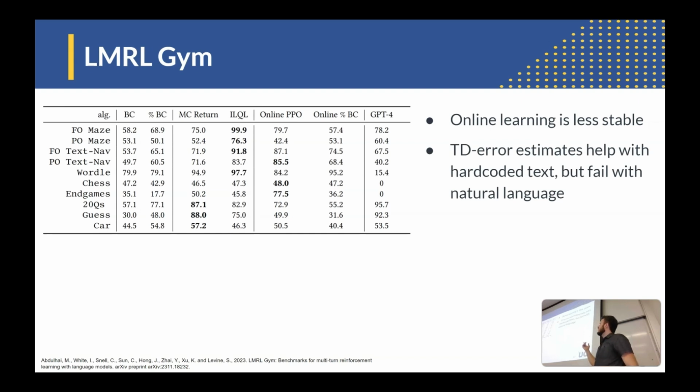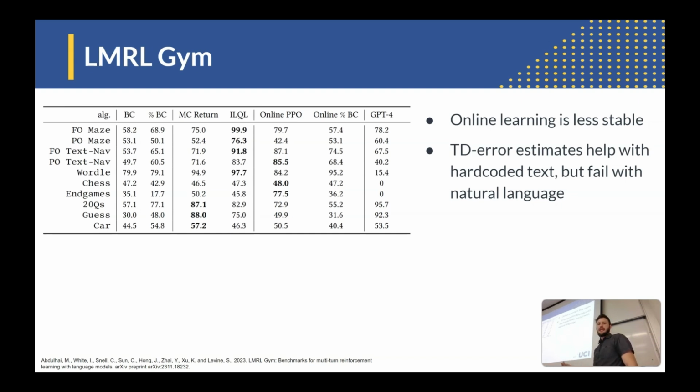Also, if you notice, the TD estimates, which is the ILQL, which you would assume does better because it has lower variance estimates and stuff like that, did better on the hard-coded environments, but actually failed to do better on the more natural language environments. The more natural language environments actually did better with the Monte Carlo estimates.